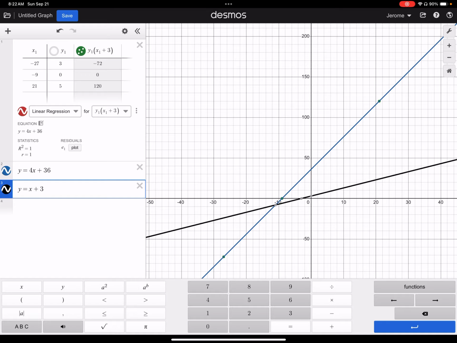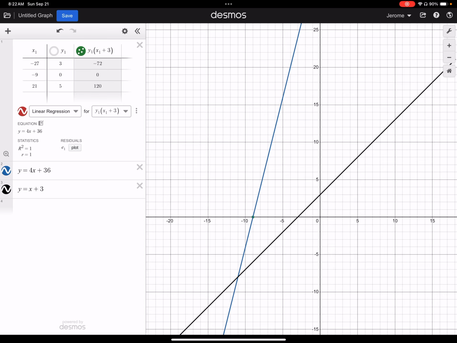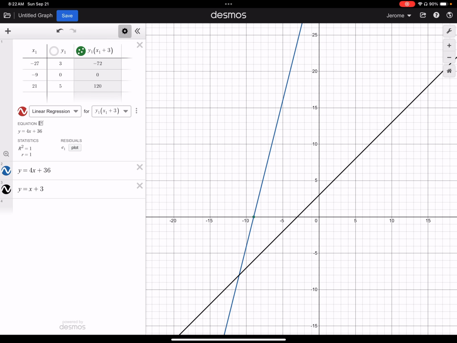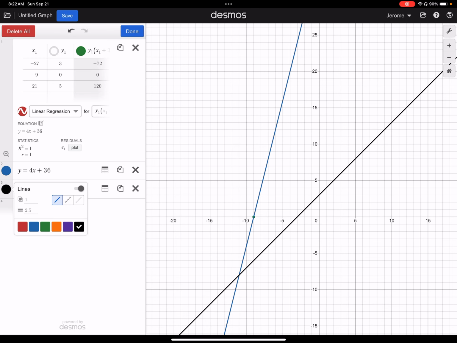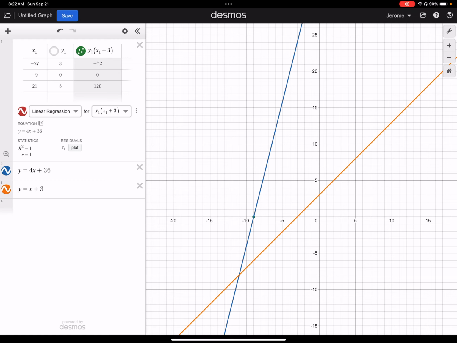Okay, this is a little bit better. I don't like the color of this graph. How about orange? Blue and orange, that looks good. So essentially what we're doing is taking y value by y value and dividing these two things.